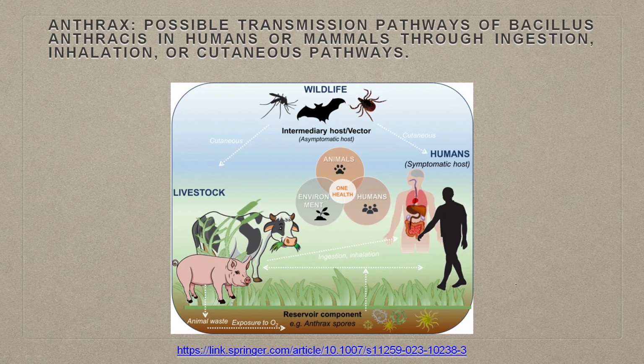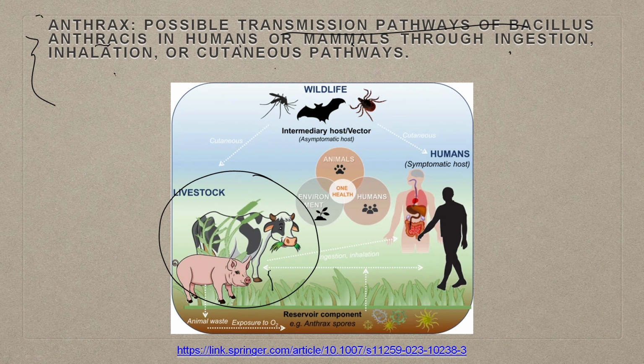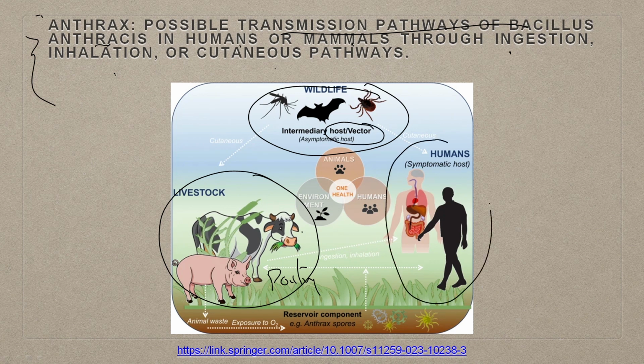So, anthrax, a possible transmission pathway of Bacillus anthracis in humans and mammals, through ingestion, inhalation, or the cutaneous pathway. We have already discussed this. Now, look at the flow chart. This is the livestock we are talking about, and it could be poultry also. This is not added here. Now, wildlife, these could be the vectors, and here the human.